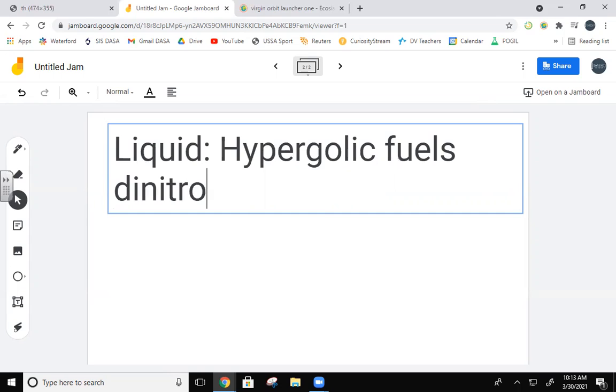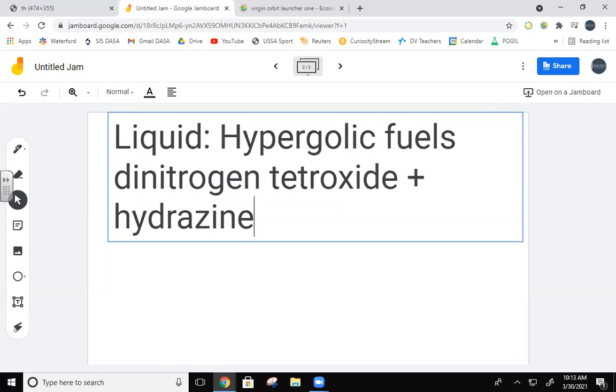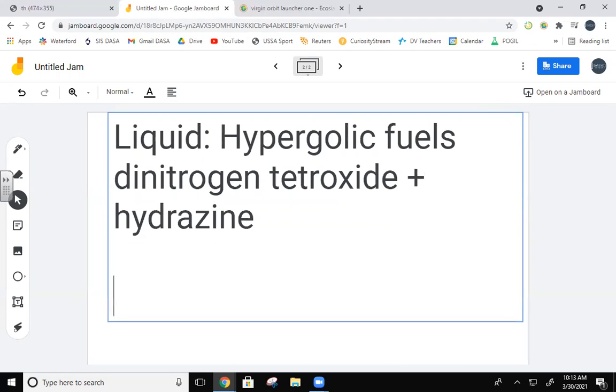Nitrogen tetroxide, plus hydrogen, plus hydrazine, and then I'm not even gonna write out this entire name.